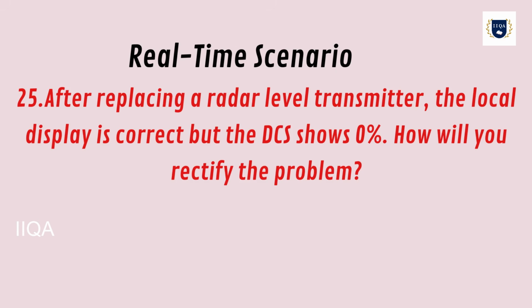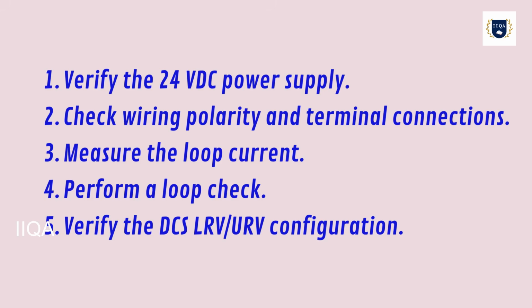Real-time scenario: after replacing a radar level transmitter, the local display is correct but the DCS shows 0%. How will you rectify the problem? 1. Verify the 24 volts DC power supply. 2. Check wiring polarity and terminal connections. 3. Measure the loop current. 4.